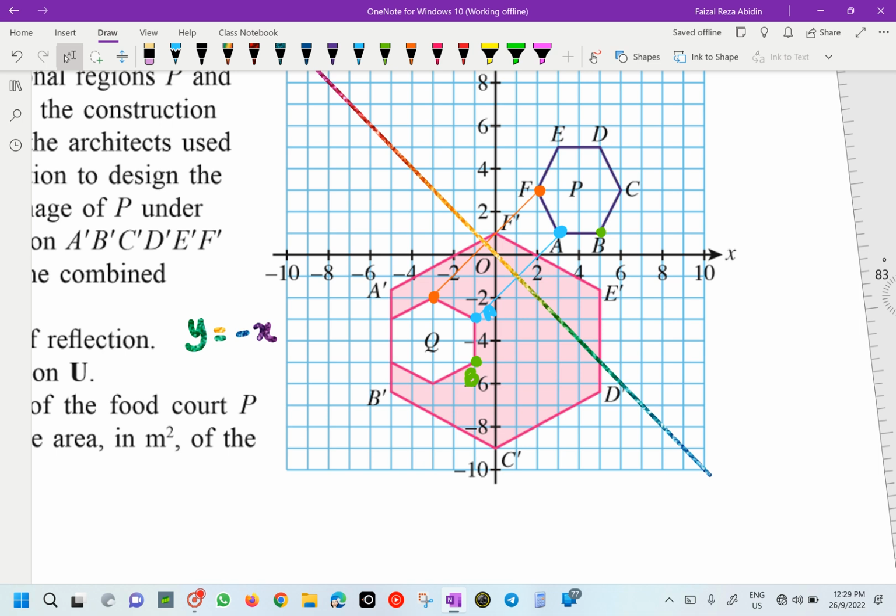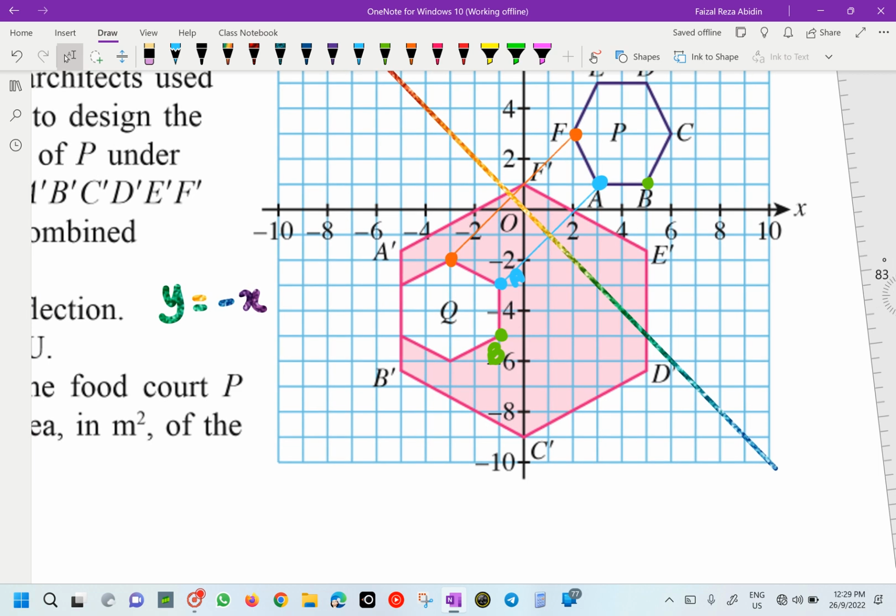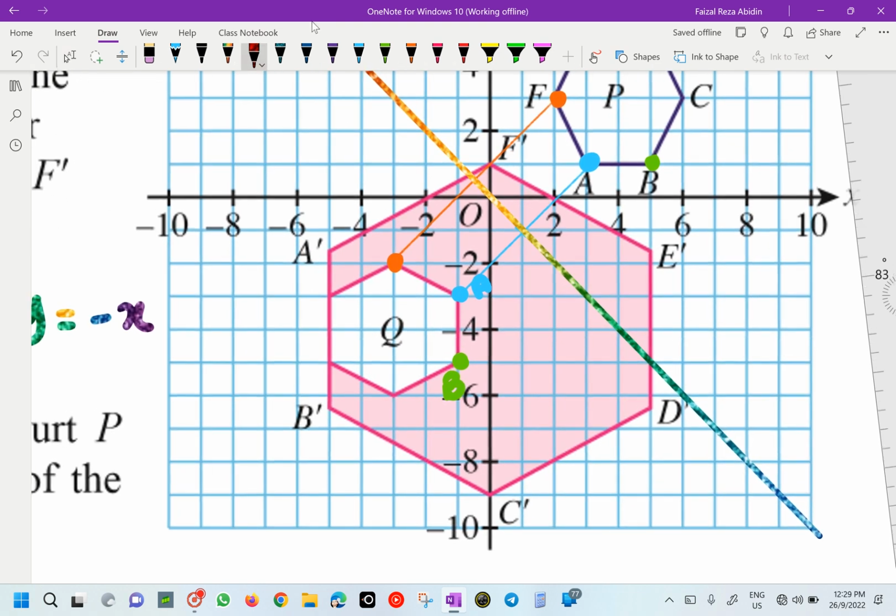How about the object and image over here? The image here, how many do I have? The full one over here, I'm going to get 1, 2, 3, 4, and 5. Girls, this is good. How to find our scale factor? The length of image over the length of object. So I'm going to find the length of my image first.